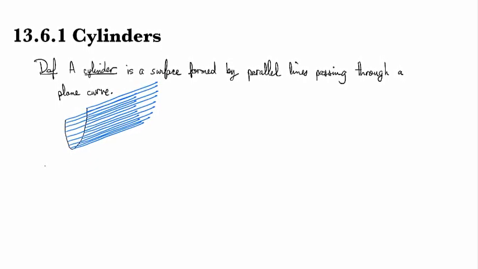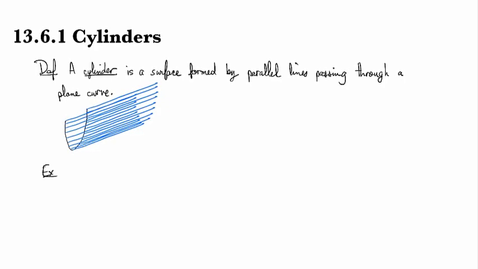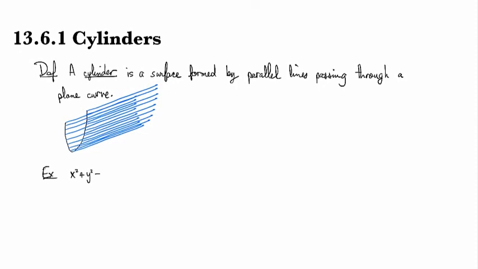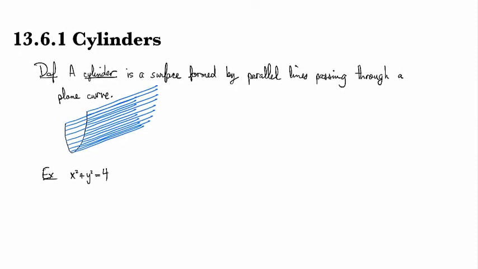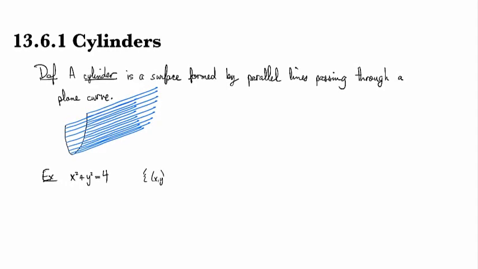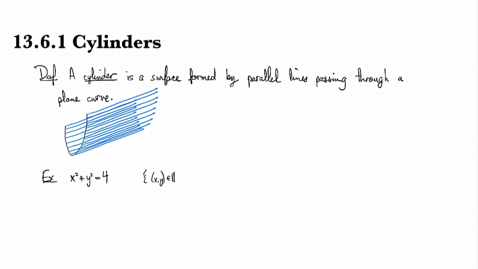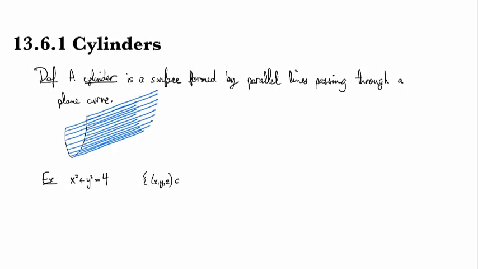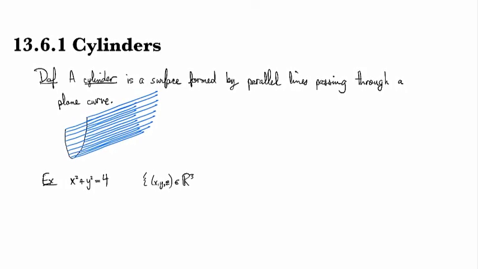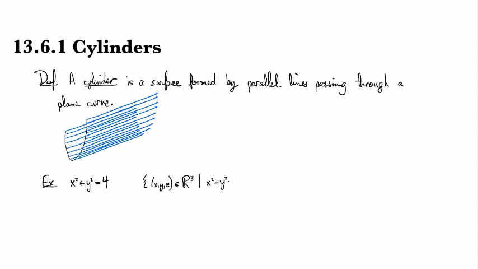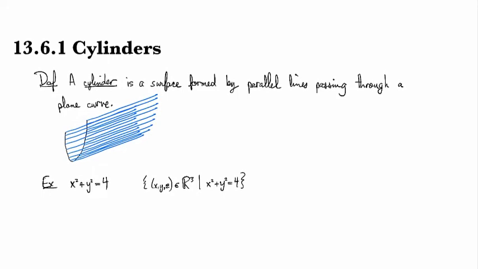Now let's look at how this comes from an equation. So if we have x squared plus y squared equals 4, and you're asked to graph this, actually what you're asked to graph is the collection of points x, y, z in R3 such that the first coordinate squared plus the second coordinate squared is equal to 4.